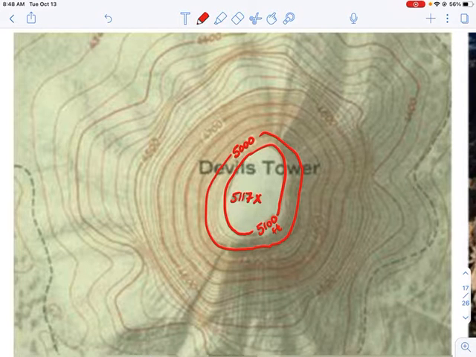And you can follow the lines of equal gravitational potential energy, right? So anything that falls on this 5,000 foot line has a gravitational potential energy equal to mgh.